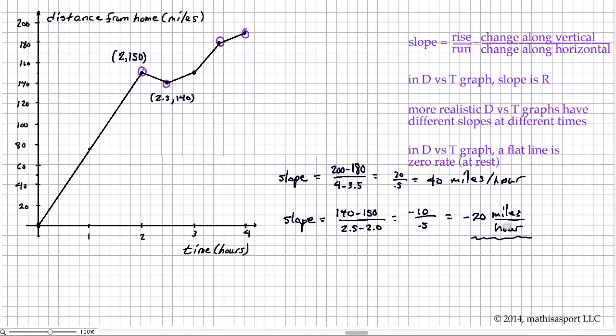And because we can have negative as well as positive rates as well as 0 rates, we're going to use a special word with a specific meaning in this context to talk about rates. And that word is velocity. So let me just say this. In a D versus T graph, the slope is more precisely called the velocity.